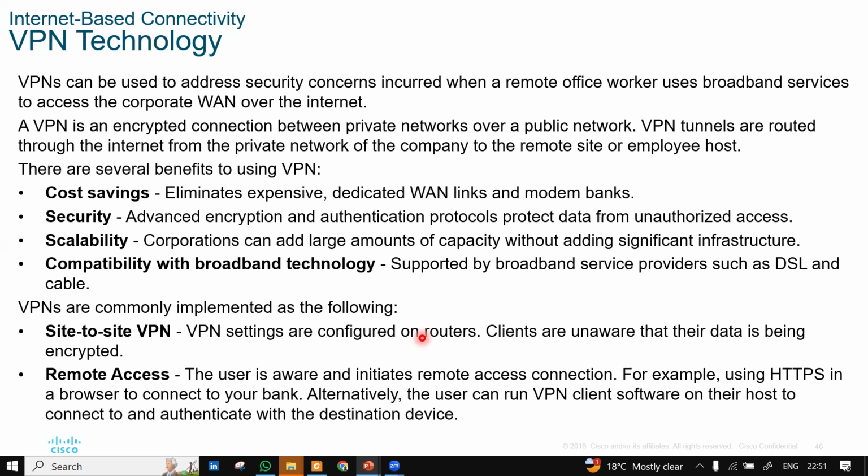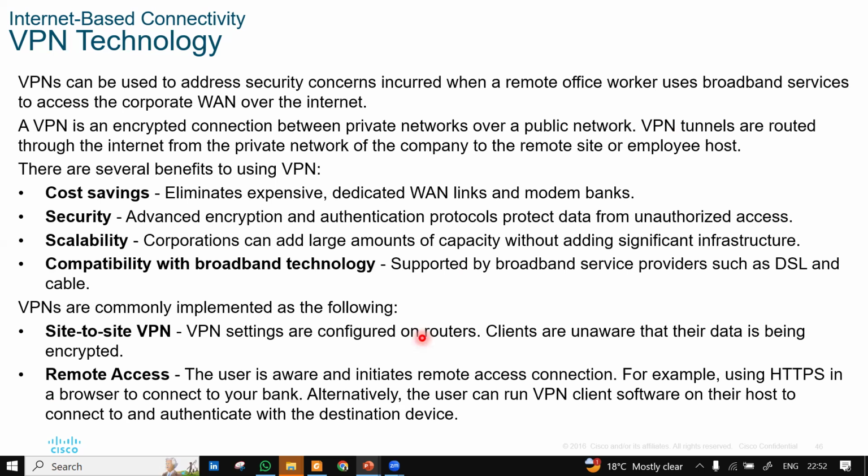So instead of being unaware that there is a VPN configured on a router, the user themselves initiates the connection to the VPN. A perfect example: on my phone, I have an application, Turbo VPN.